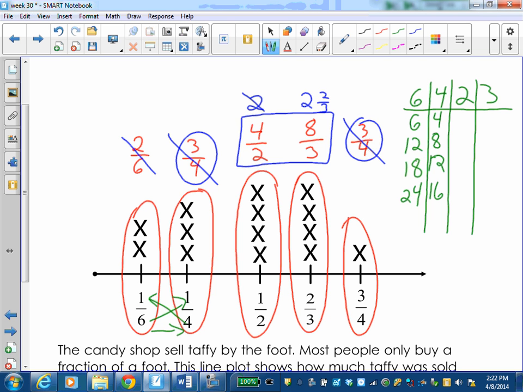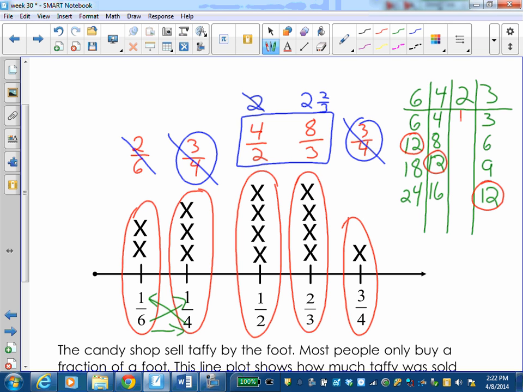And then I'm going to skip over and do 3's because it's easier to do the bigger numbers first. So 3 times 1 is 3, 6, 9, 12. And I see already that I have a 12 here, a 12 here, and a 12 here. And 12 is an even number, and any even number is a multiple of 2.